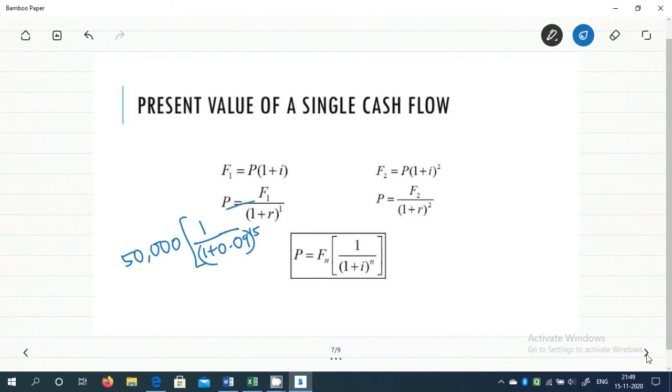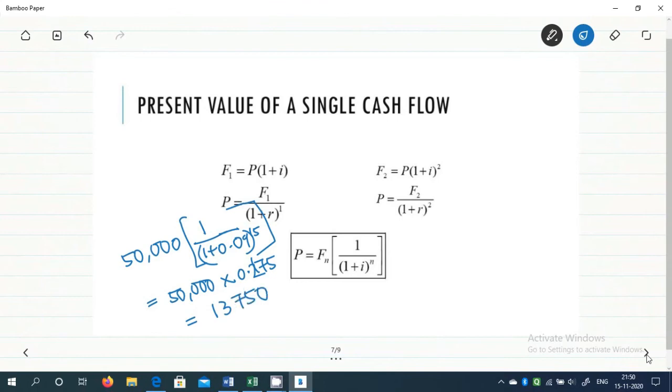I'll write over here 50,000 multiplied with 1 by that, or straightaway I'll write the amount. I have rounded this value to 0.275, and then I'll get 13,750 rupees.